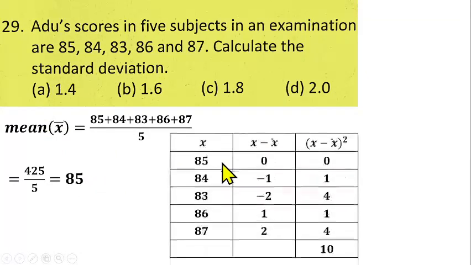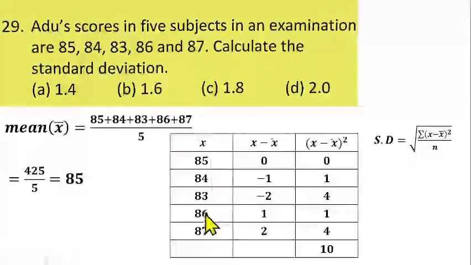Then to now get the standard deviation, we know that standard deviation is the square root of summation of x minus x bar squared over n. And we need to calculate this x minus x bar, where x are the data given to you, and x bar is the mean you got here. So you need to remove your mean from each of these x.